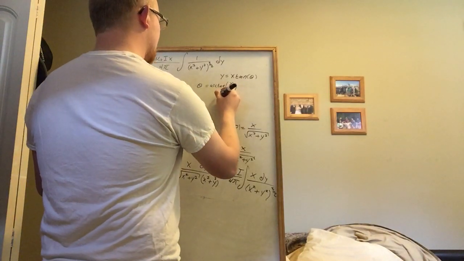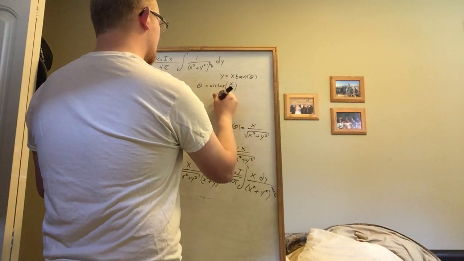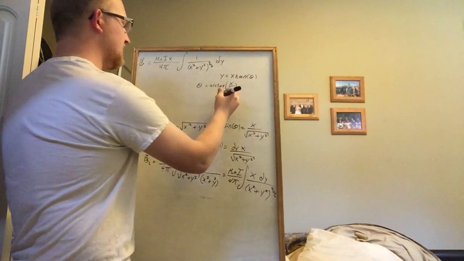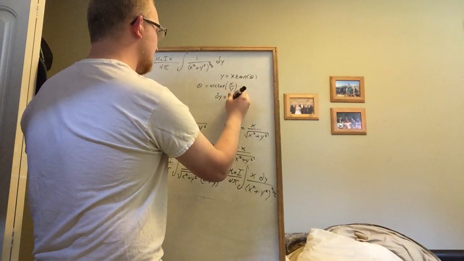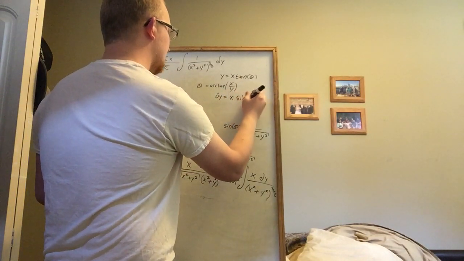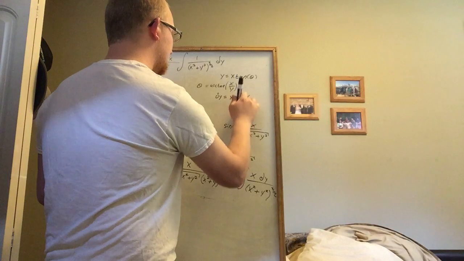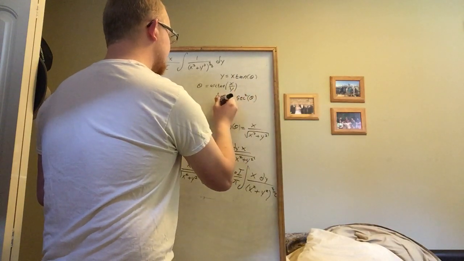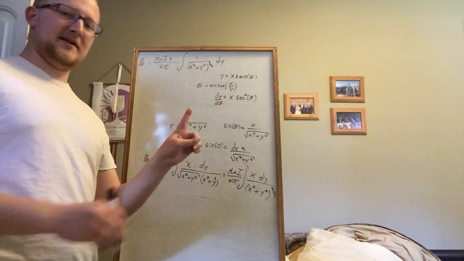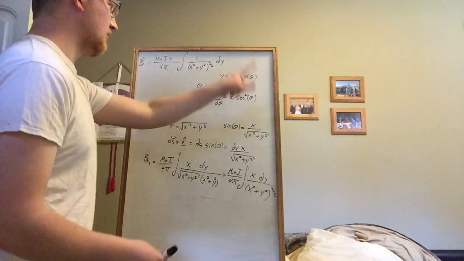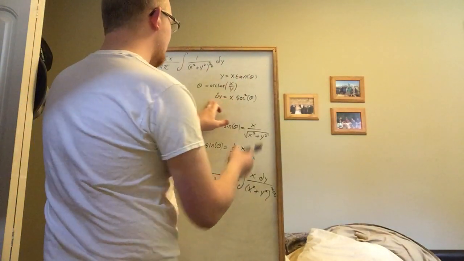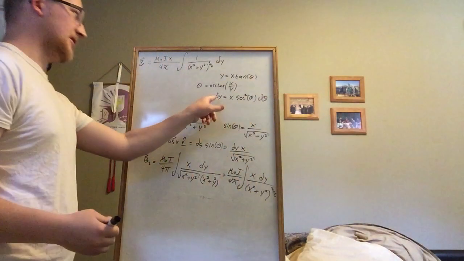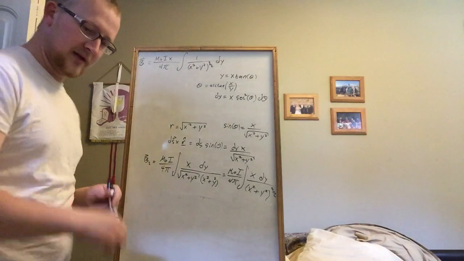We can also say that dy d theta, oh, there we go. Okay, so dy is going to be equal to x times secant squared of theta. This is dy with respect to theta, because x is just a constant. Then we can multiply over the d theta, and this will be our substitution for dy.